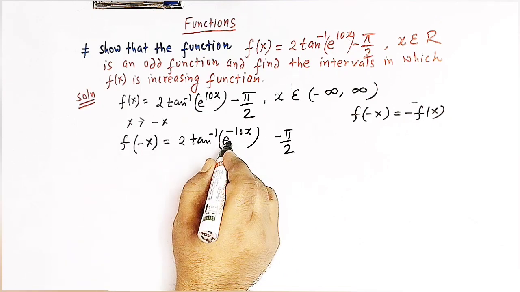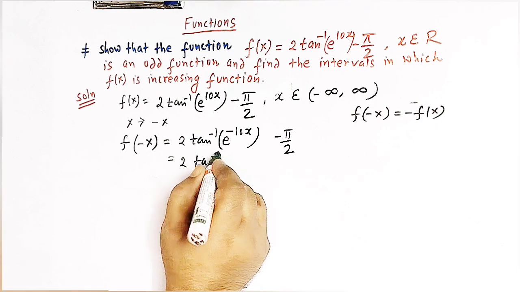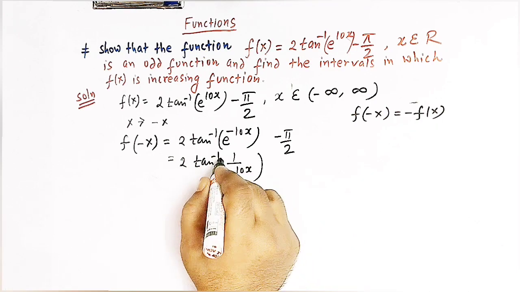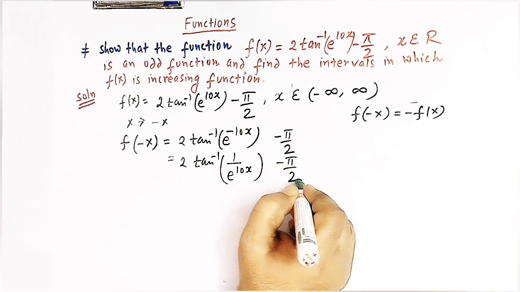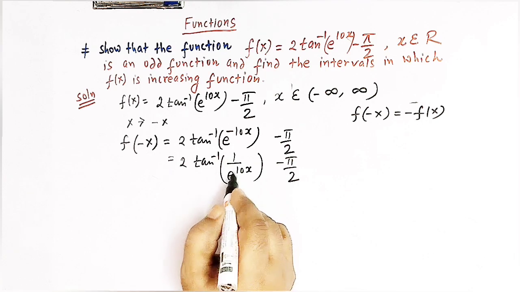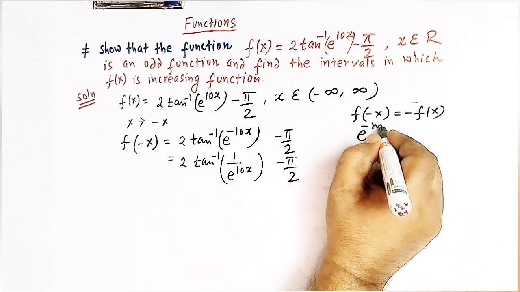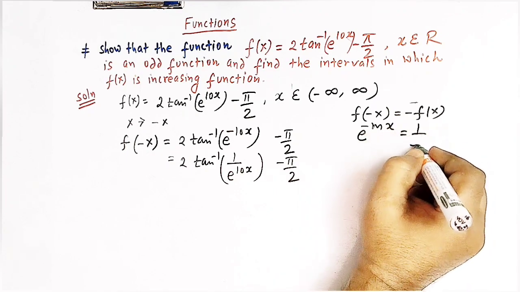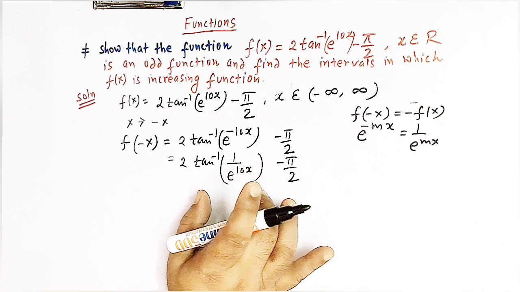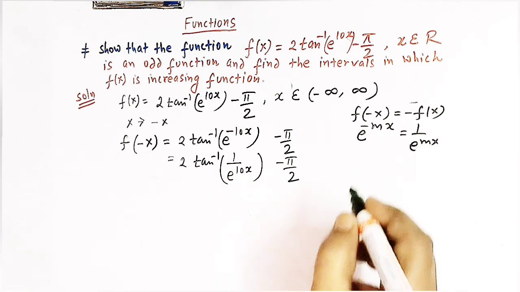Now see, here we can now write 2 times tan inverse 1 over e raised to 10x minus pi by 2, right? So e raised to minus 10x can be written like this, 1 over e raised to 10x, because we know that e raised to minus mx is equal to 1 over e raised to mx, right? So here we have to now make use of an important identity from inverse trigonometric functions, right?